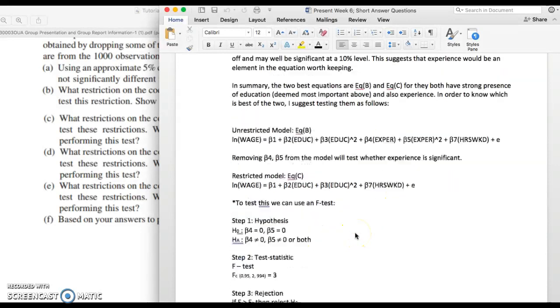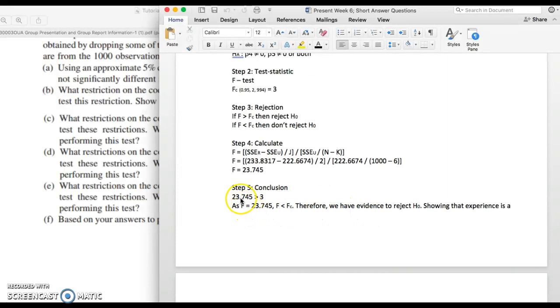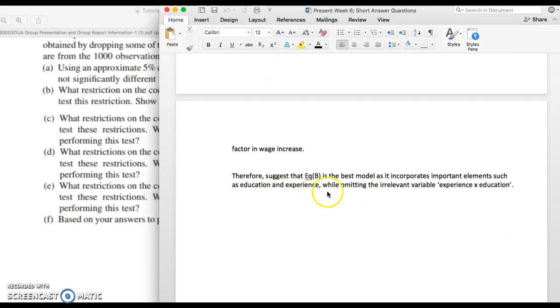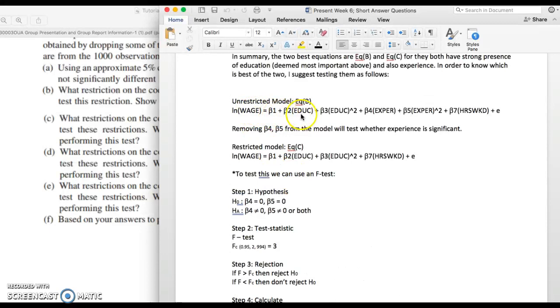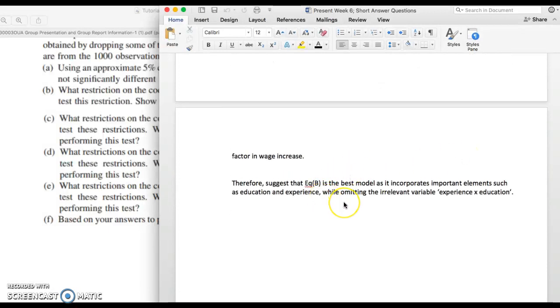So we use an F test, and we find that there is strong evidence to reject the null hypothesis. So there is a large factor that experience has in wage. Therefore, I'm suggesting equation B, because equation B here encompasses education and experience and hours worked, which we found are all key to wage increase.